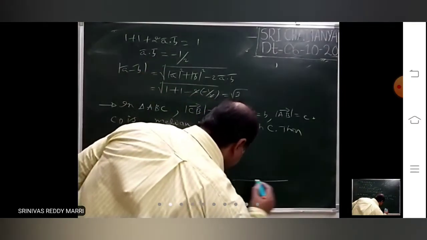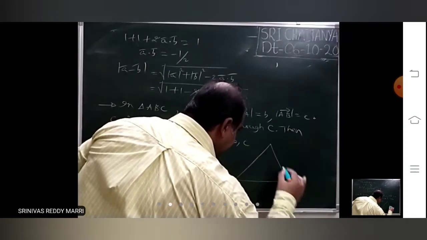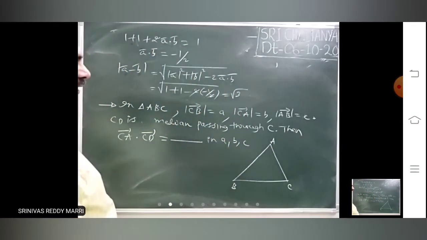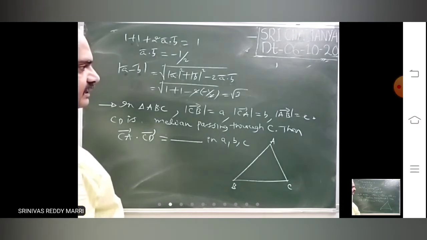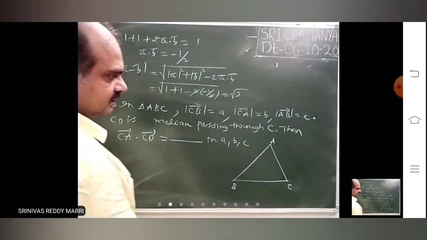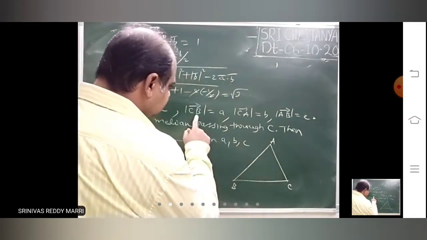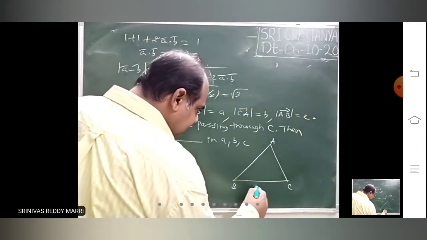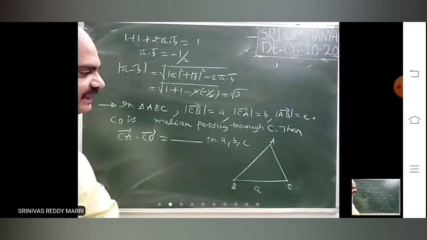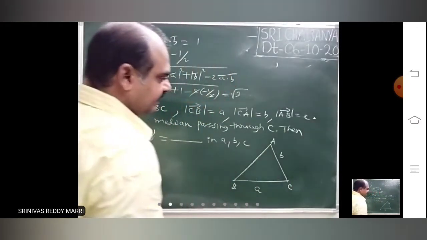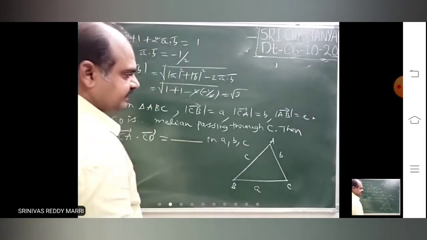Construct the triangle ABC. What is given? The length CB is a, BC length is a, CA length is b, and AB length is c.